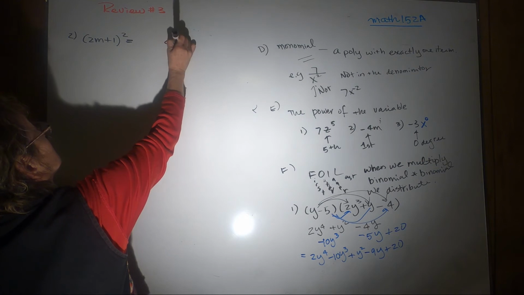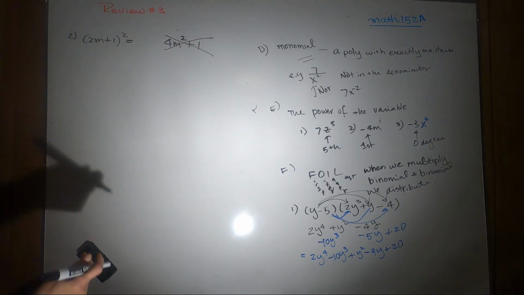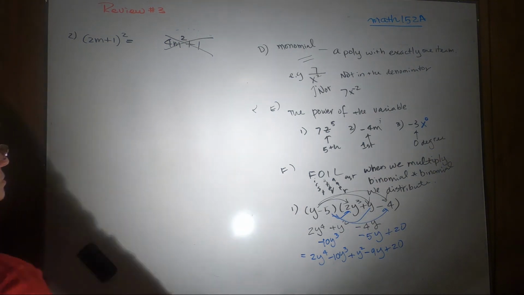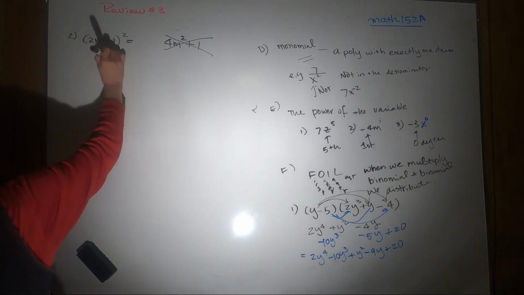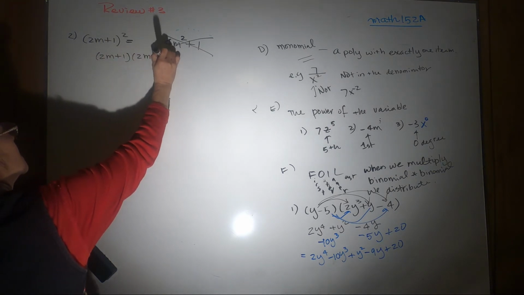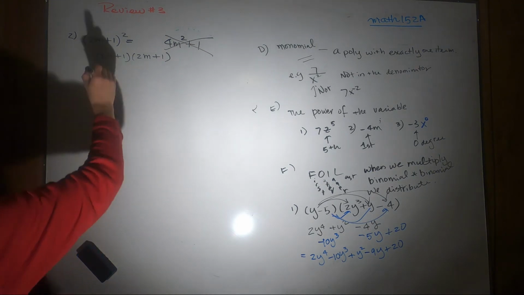Don't give me each square. Don't do that. Don't distribute because you have 2 terms. So you multiply them, binomial times binomial. You need to use distributive property, right? So you need to write it, then multiply itself twice. Then you do the following.